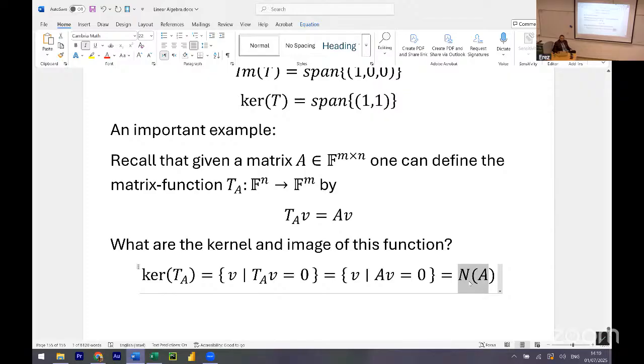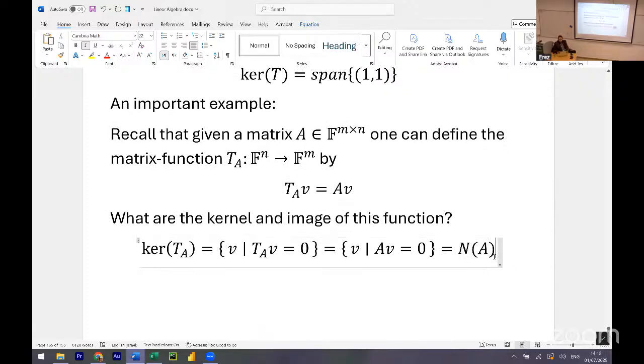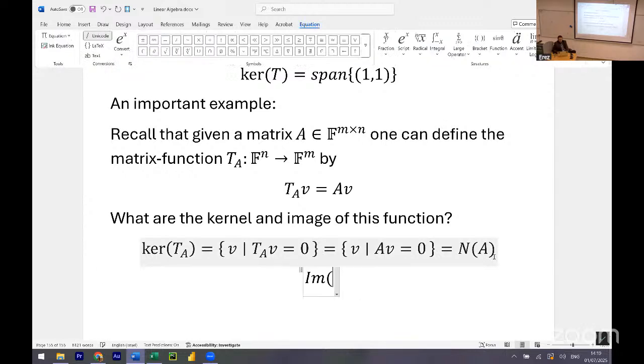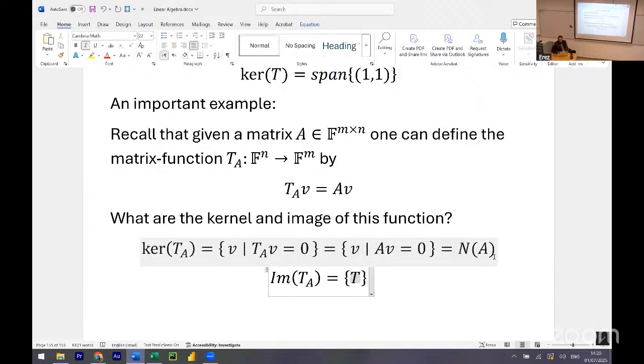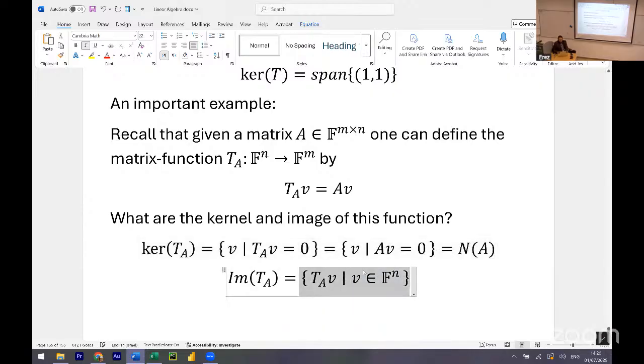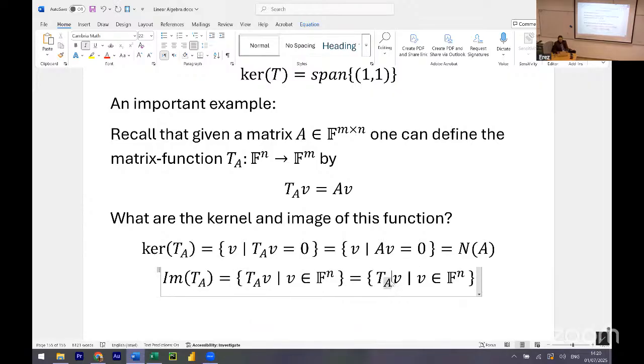The image is a bit more subtle. So what is the image of this function? It's all of the T_A(V) such that V comes from the domain, which is all of the A times V such that V comes from the domain.